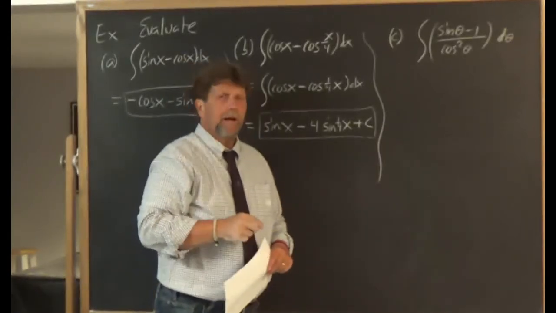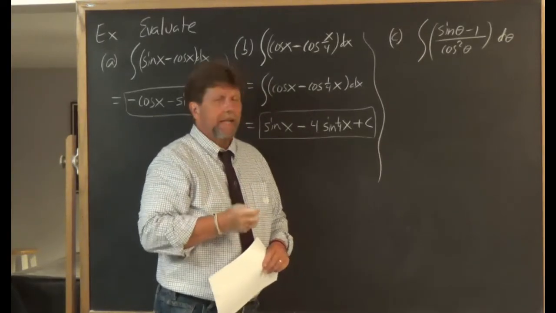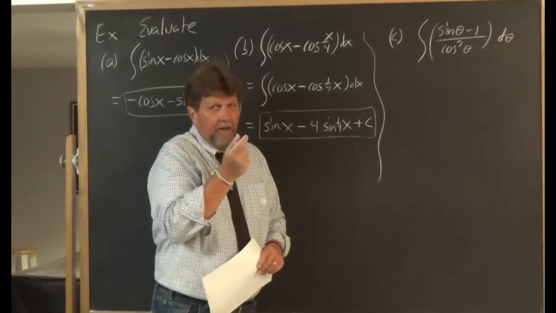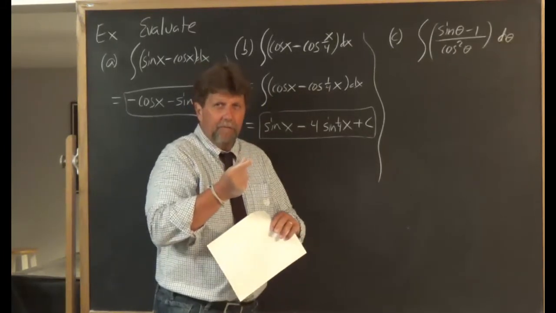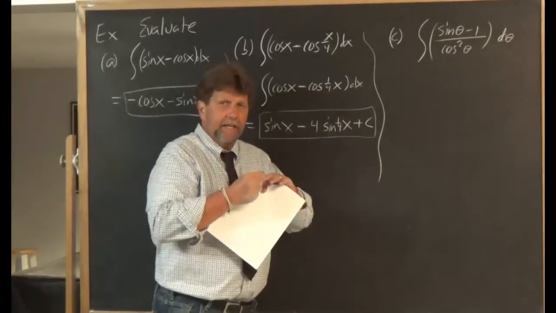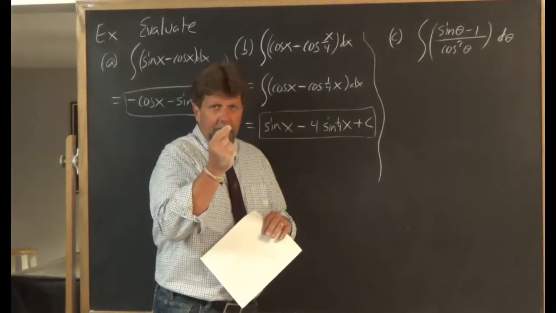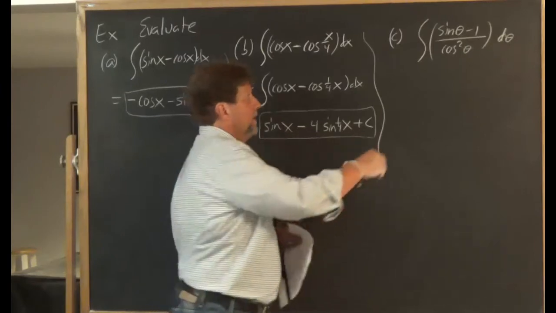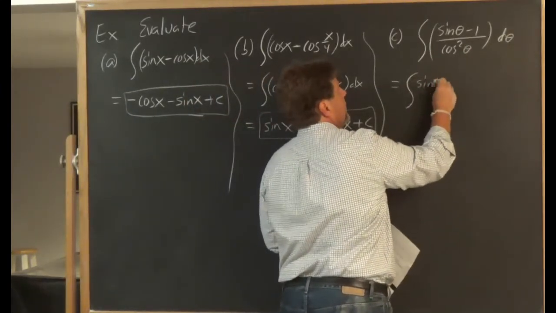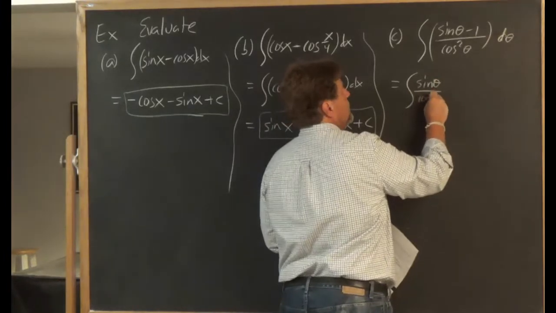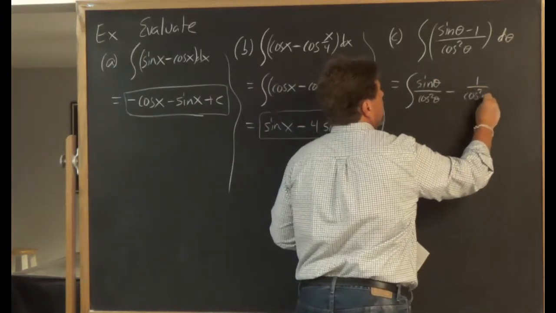Okay, well, here's what I see in C. That denominator, I'm looking at starting off with that denominator. It's a single term. So I'm looking at starting off by splitting the integrand into 2 fractions with that common denominator of cosine squared theta. So I'm rewriting this as sine theta over cosine squared theta minus 1 over cosine squared theta.